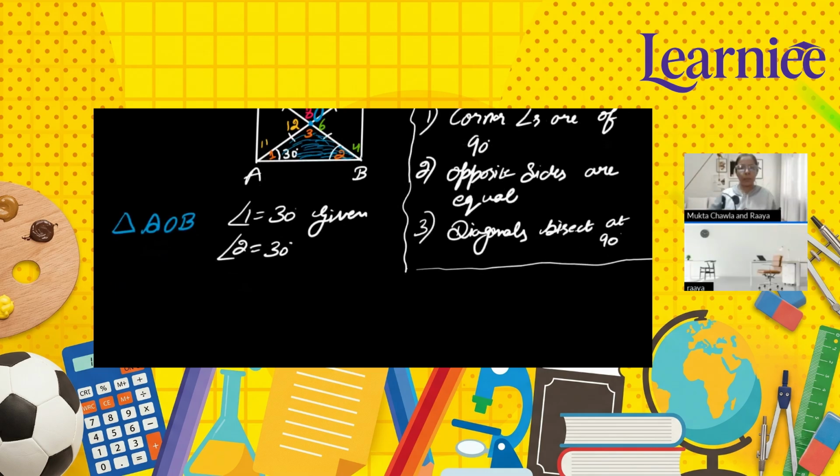Means isosceles triangle we are having, right? Angles opposite to equal sides. What reason we can give? Angles opposite to equal sides, right? And during geometry, we always have to give reasoning, right? If it is this, why is it like this?